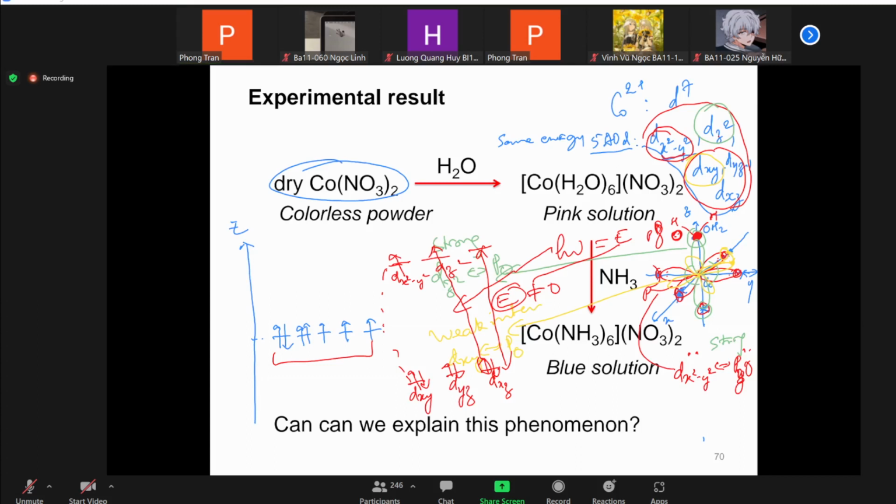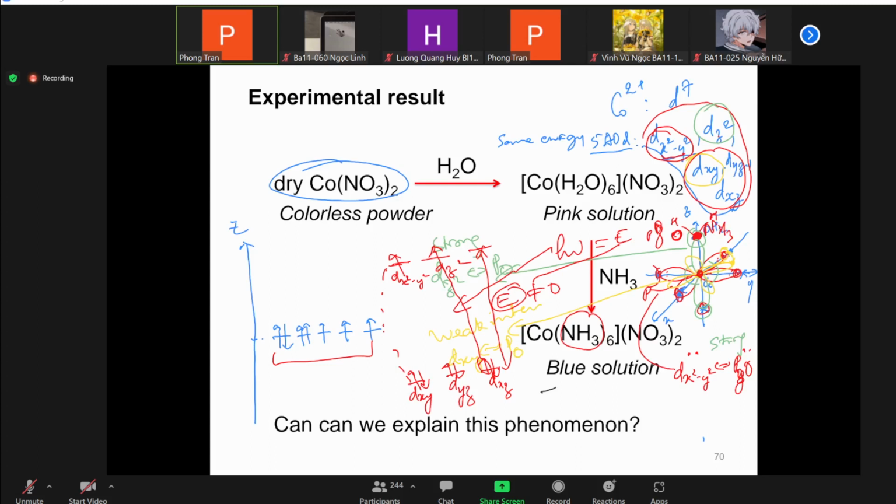Yes. Okay. So now you put ammonia to replace water, what will happen? As was mentioned, the interaction of ammonia with the cobalt is stronger than the interaction of water with the same cobalt. So you keep the same arrangement, you replace with ammonia. So you still have the same splitting. However, because of the difference, you have stronger splitting.